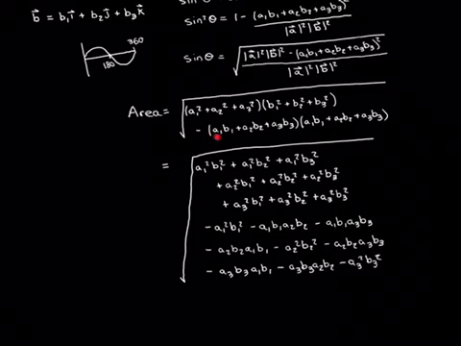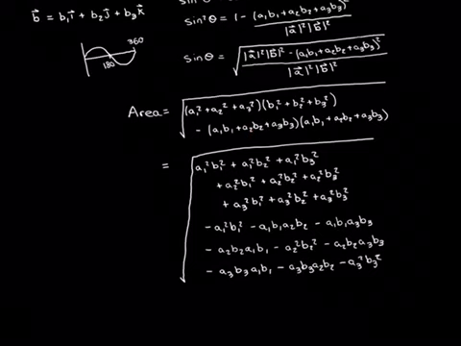Then we want to subtract what these two brackets multiplied together expanded is equal to. So we need to take this one and multiply it by all of these three. So we'll get a1 squared b1 squared, and we've got a minus there. Then we'll get a1 b1 a2 b2, and we've got a minus there. And we'll get a1 b1 a3 b3, and we've got a minus there.